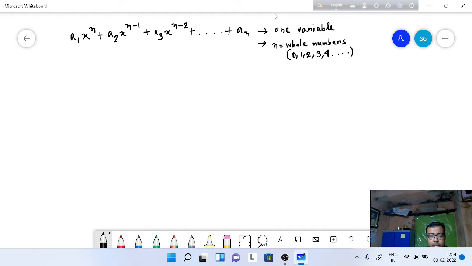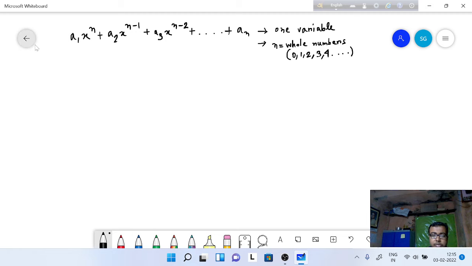So the two mandatory conditions for any algebraic expression to be a polynomial are that the algebraic expression should be in this format and the power of the variable should be whole numbers.